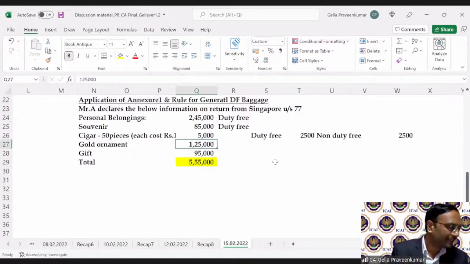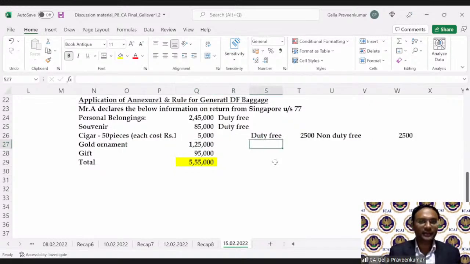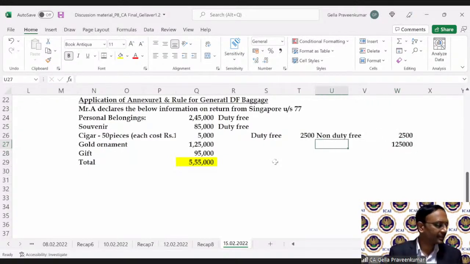Gold or silver in any form other than ornaments. What I will do? Duty free. Duty free is for gold or silver in any form other than ornaments. So I'll say ornaments 1,25,000. Next. Gift.